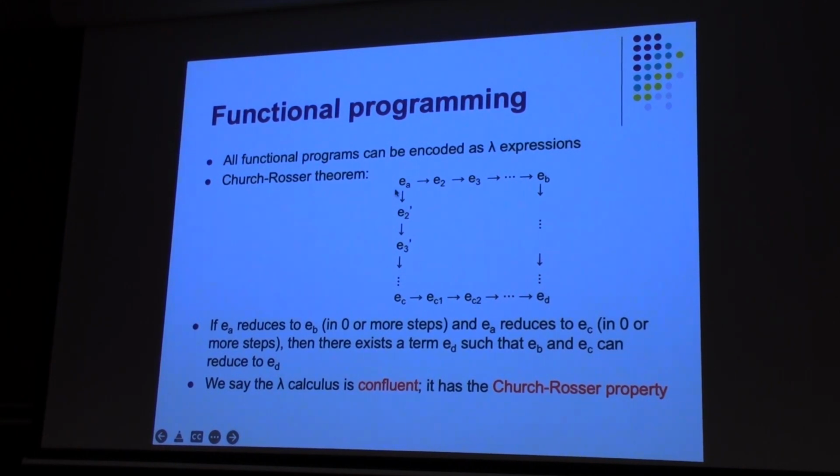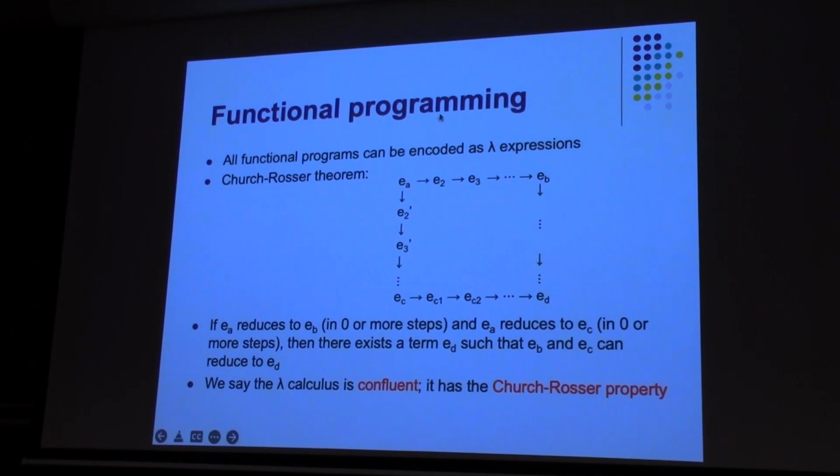But if you start with some program, EA, some expression, and you reduce it until you get EB, okay? This takes 0 or more steps. But you can also choose different reductions. In fact, in a big expression, you can reduce it in many ways. You can say, I want to start here or here.